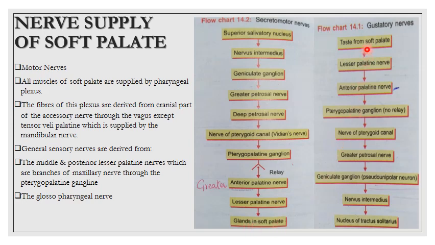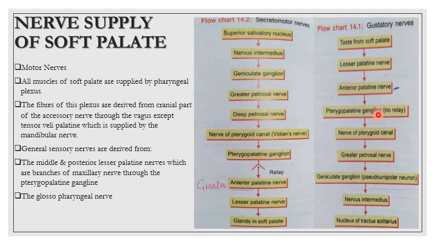Now here is the gustatory pathway. Taste from the soft palate is taken by the nerve fibers, then they pass through the lesser palatine nerve, anterior palatine nerve, and they reach the pterygopalatine ganglion.